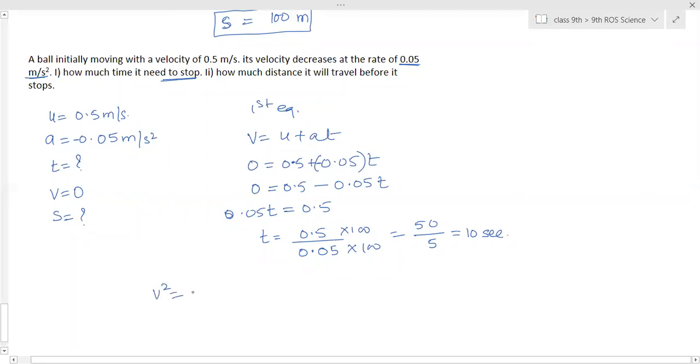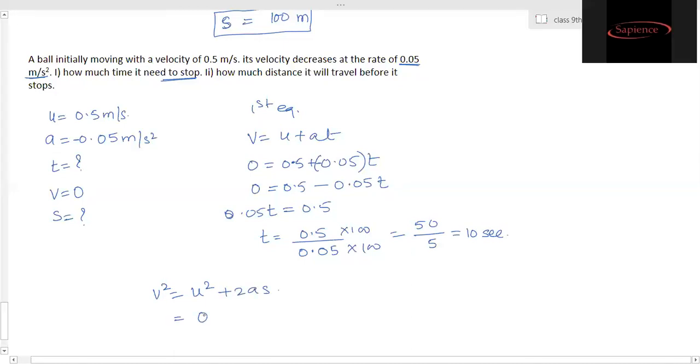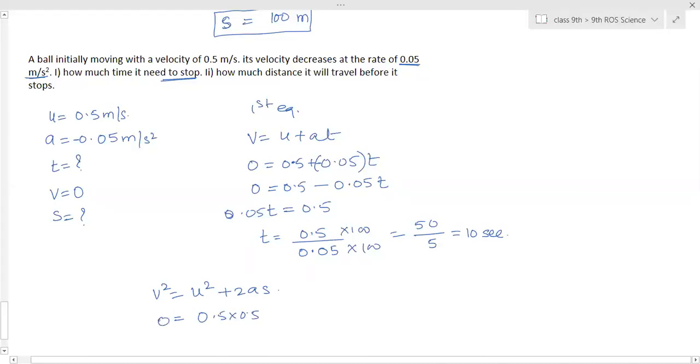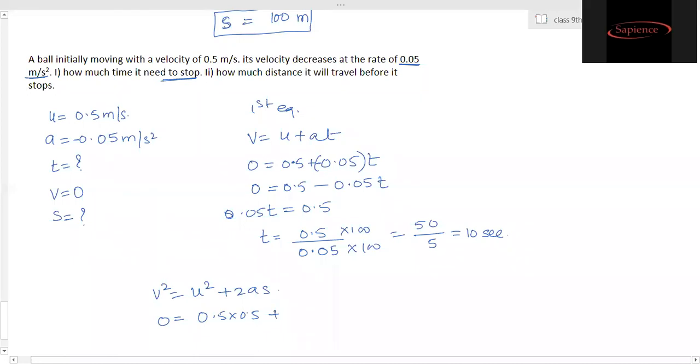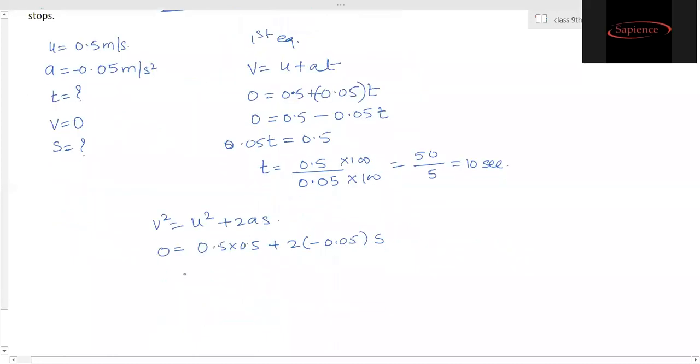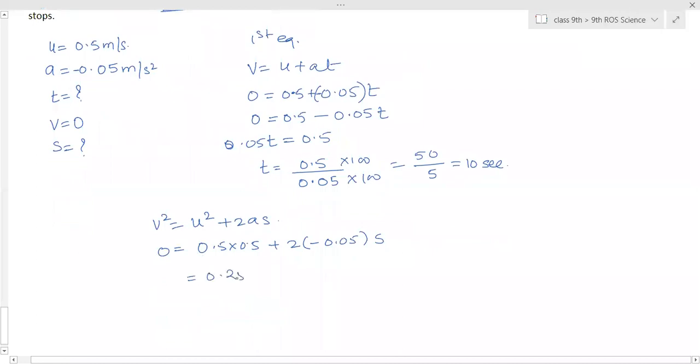I will use the third equation. V square is equal to u square plus 2as. U is 0.5 into 0.5. V is 0, plus 2 into minus 0.05 into s. So this is 0.25 minus 0.1 s.